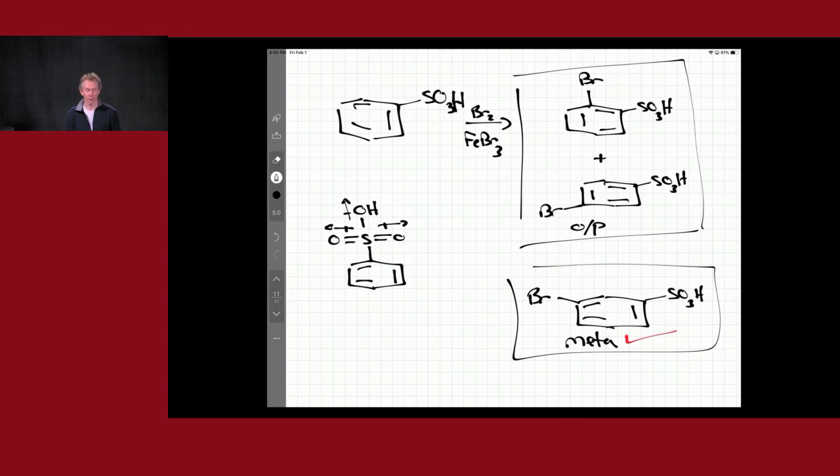I could also draw resonance forms here using that type of rationale where I have a positively charged sulfur. Okay, and now I have that positive charge directly attached to the ring, and it starts to look a lot like the nitro. So, deactivated and meta-directed.